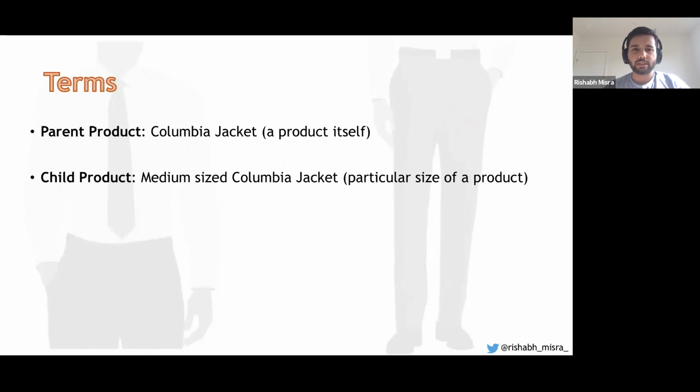These are some terms which were used in the paper. A parent product is defined as a certain product, let's say a Columbia jacket, and a child product would be a particular size of a parent product. For a Columbia jacket, it would be small, medium, large. Those are child products.